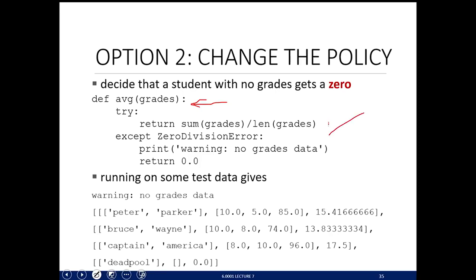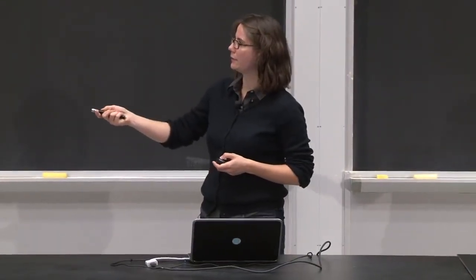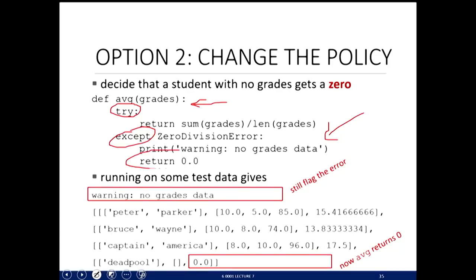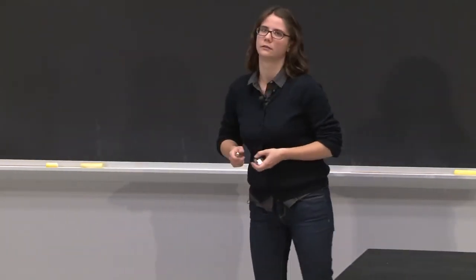So this is the exact same thing as before. We have a try and an except for the 0 division error. We also print a warning, no grades data, and then we return a 0. So we still flag the error, and now instead of a none, we get a 0 because we've returned 0.0 here, as opposed to just leaving it blank.